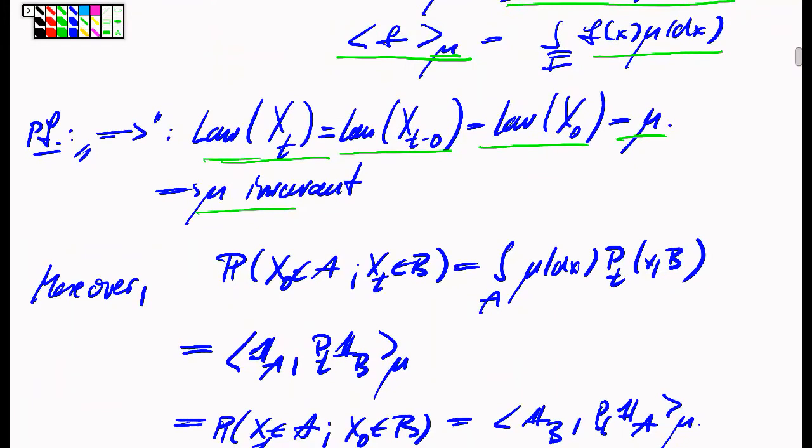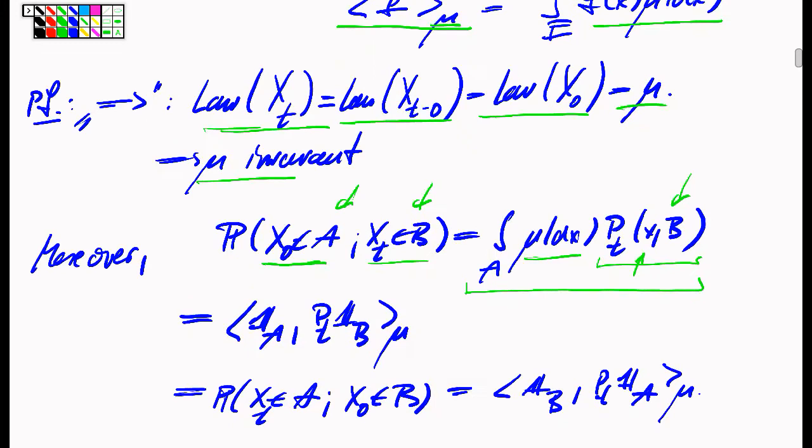Now, we want to show that this transition operator is in fact a symmetric operator in this weighted L2 space. For that purpose, we write down the joint probability that for these sets A and B, at initial time the process is in the set A, and at time t the process is in the set B. And this has the representation as the integral of the kernel measure of the set B, integrated with respect to the first argument of the kernel, against the measure mu, which is the initial distribution of the process by definition.